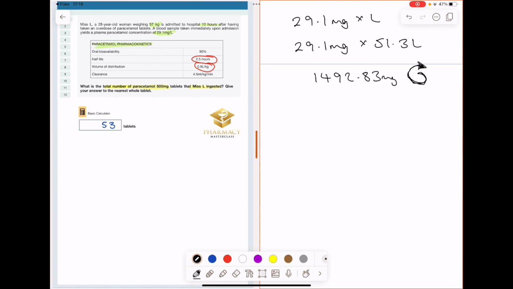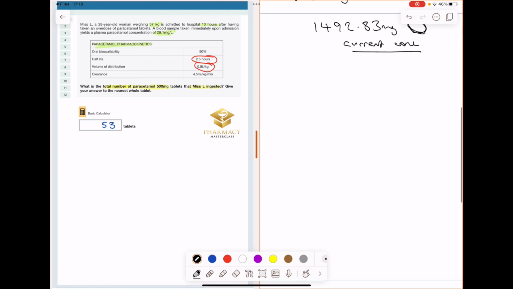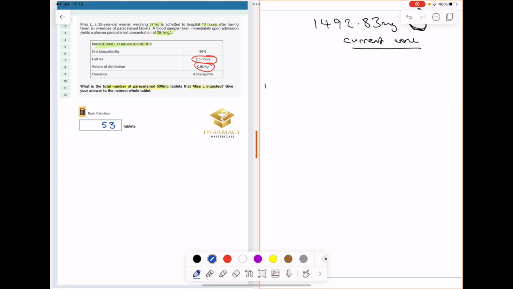So now that I know that's the current concentration of paracetamol in my patient's body, what I'm going to do is say, okay, the end point is 1492.83 milligrams.